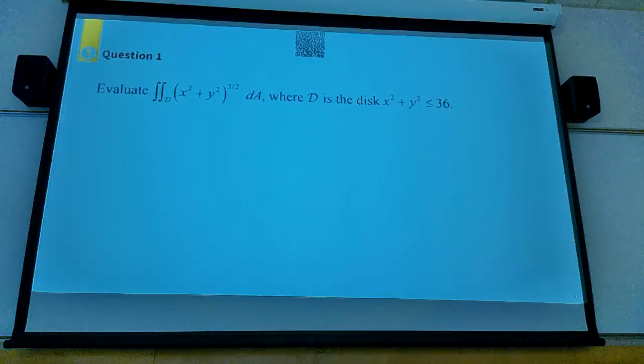So we want to set this integral up when you evaluate this integral. Well, before we even try to describe the region, x squared plus y squared to the 3 halves has no antiderivative in rectangular.